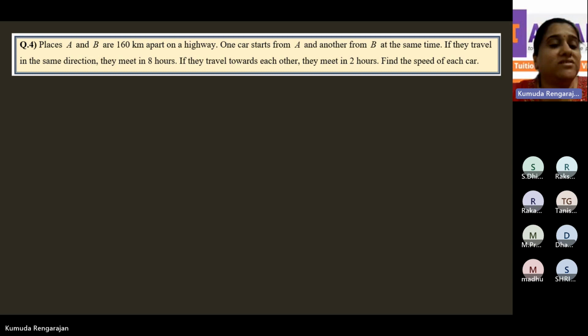Places A and B are 160 kilometers apart on a highway.